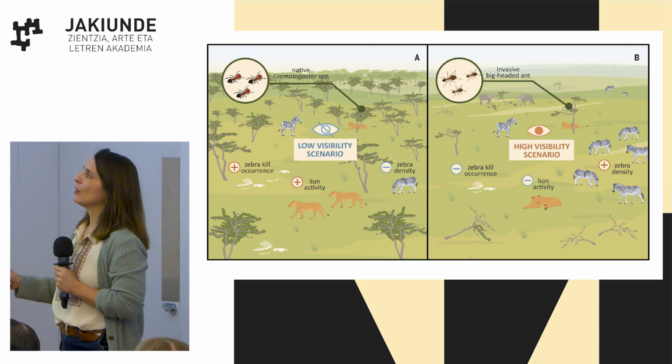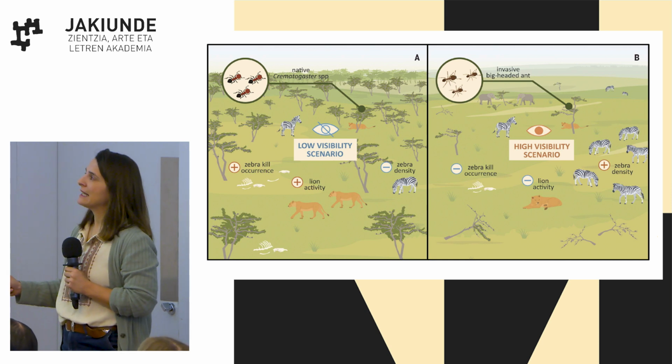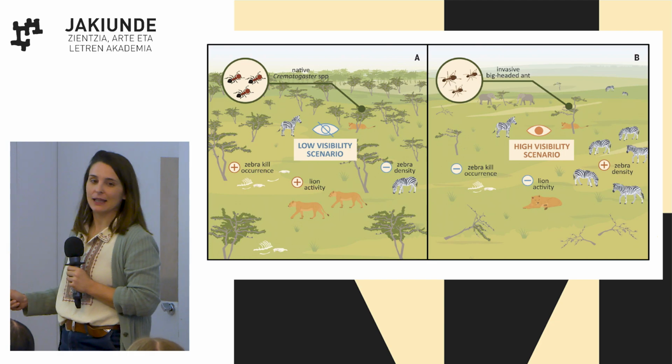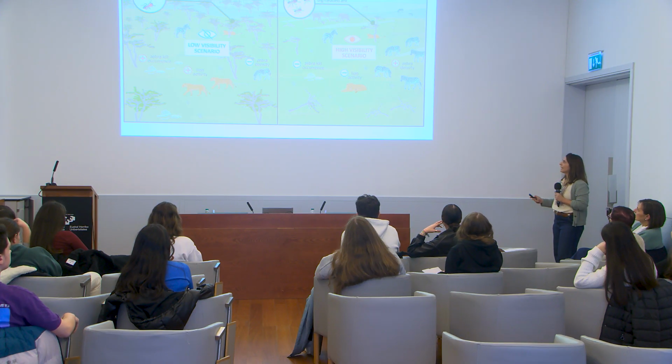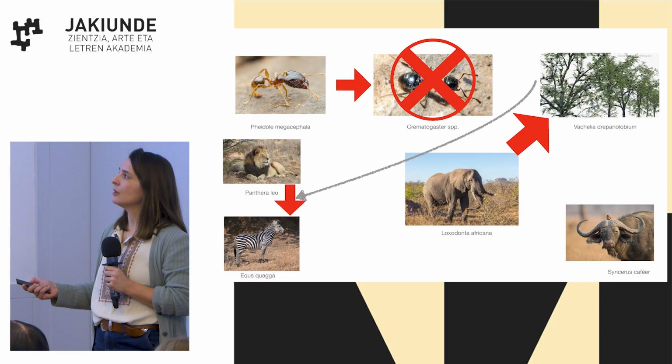In the area where there aren't many trees, zebras are able to see the lions. And so lions cannot attack the zebras, because the zebras see the lion coming, and so they run. And the lions are still there, and they're still hungry. So what do they do? They go to the buffaloes.